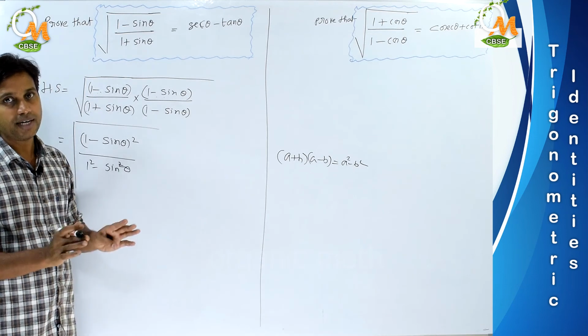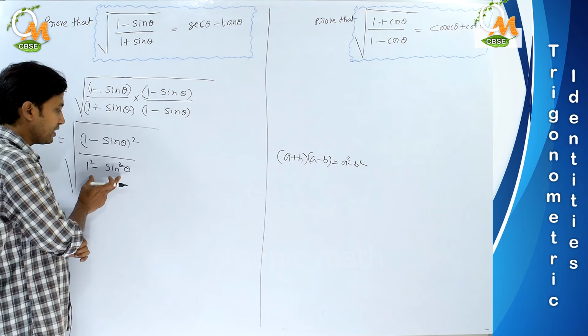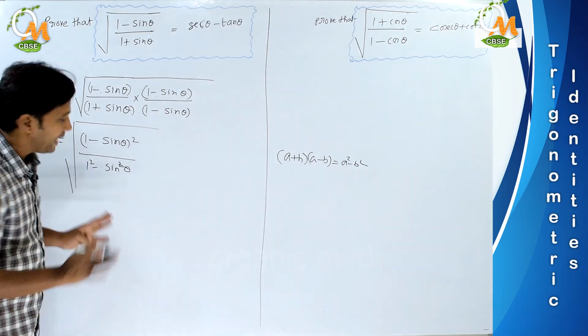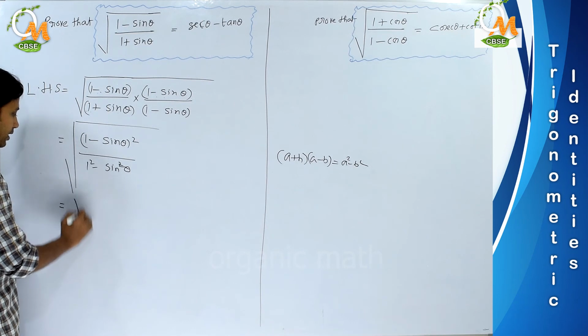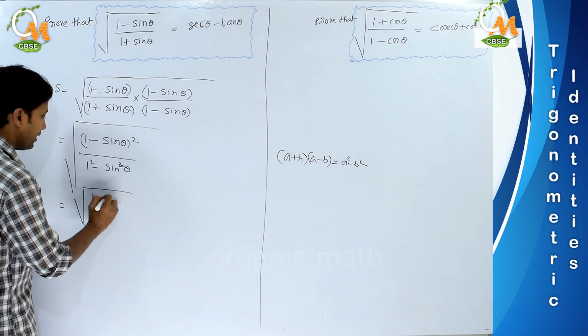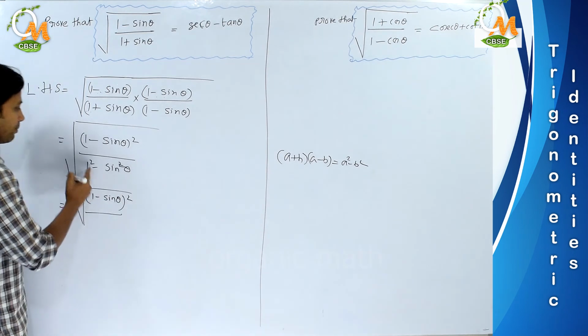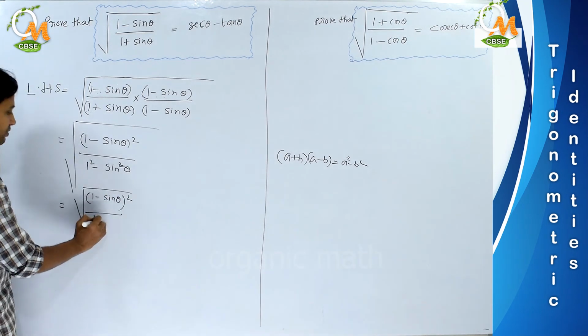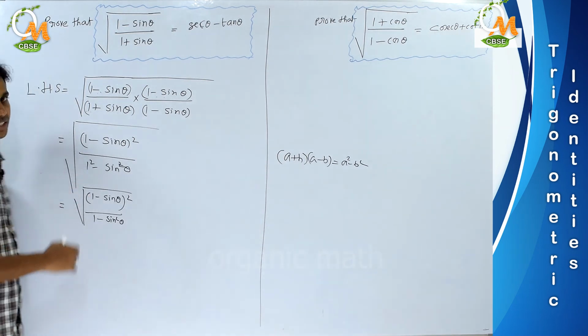That is the reason behind multiplying with 1 minus sin theta, to adjust in this pattern. Understood? Anyways, now this can be further written as, under the square root, (1 minus sin theta) whole square by 1 square minus sin square theta, which means 1 minus sin square theta, because 1 square is 1 itself.